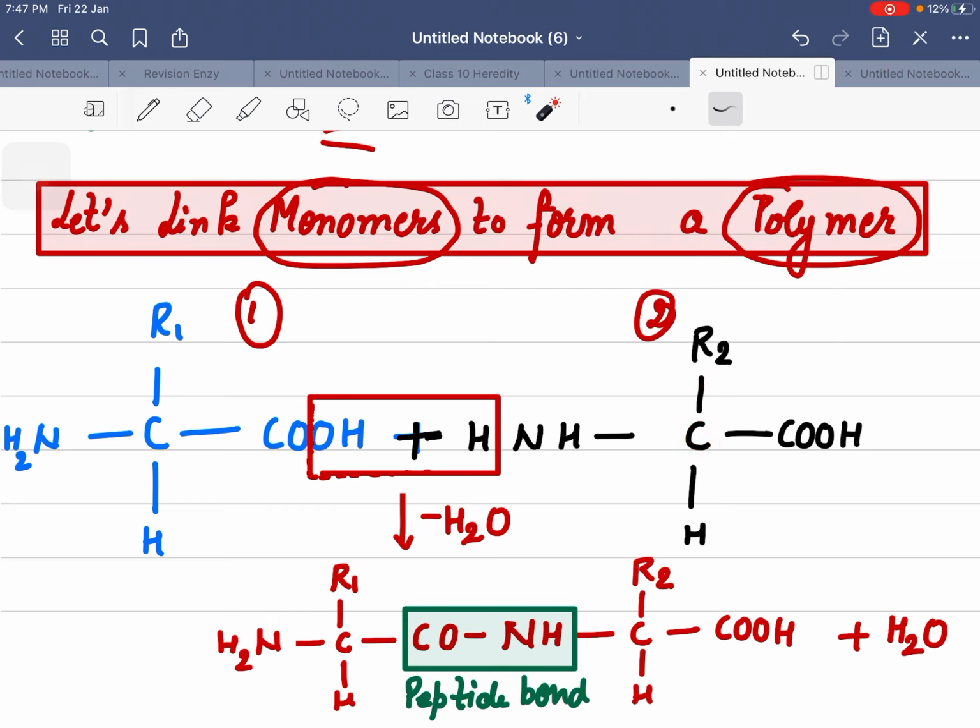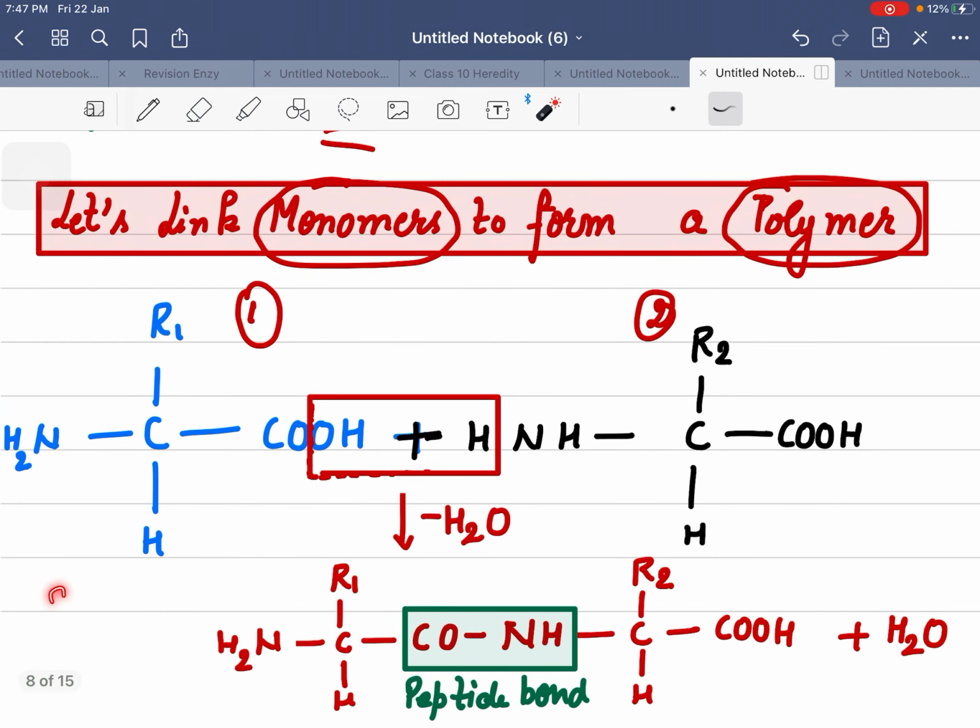So basically, when the carboxyl group of one amino acid joins with the NH2 of another amino acid, water is lost. What is left? CONH.